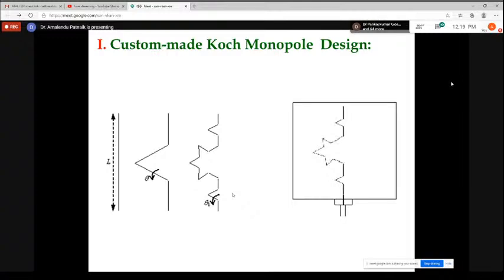That means I want the antenna to resonate at specific frequency 1, specific frequency 2, specific frequency 3. For that, what should be my L, my theta 1, and so on. The design problem is actually challenging, not the analysis problem.